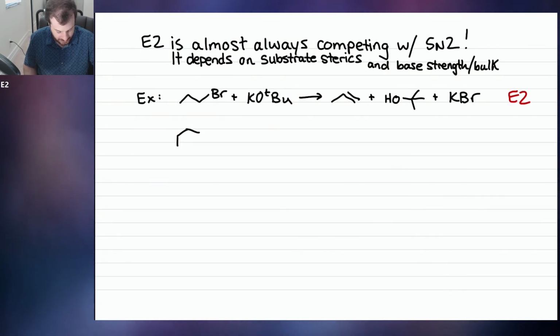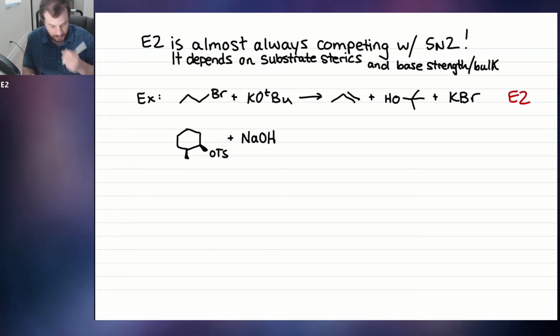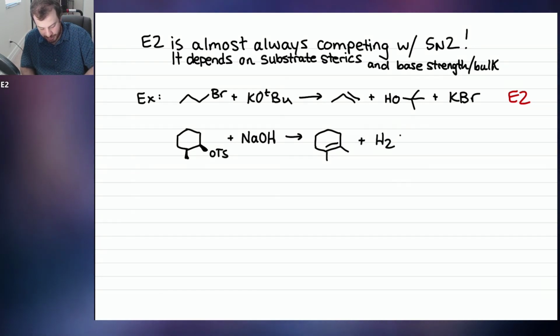Let's take this molecule here. If we treat it with NaOH, we are going to do an E2 reaction. And we'll get the alkene, as shown, plus the protonated base, which is H2O, plus the leaving group, which is NaOTs. And this is going to be E2.